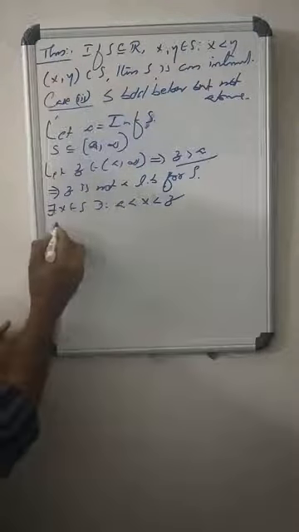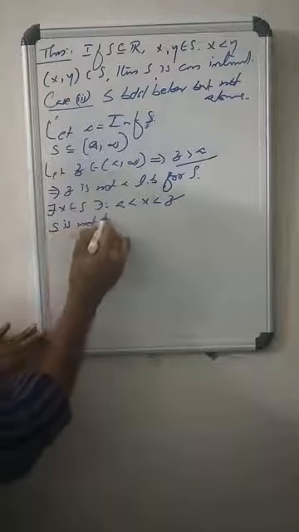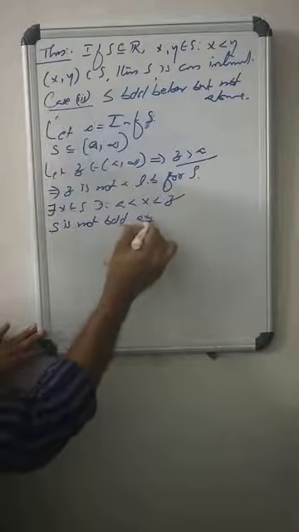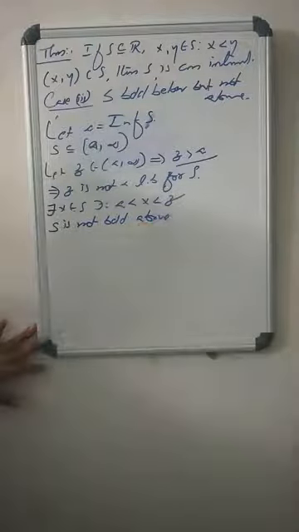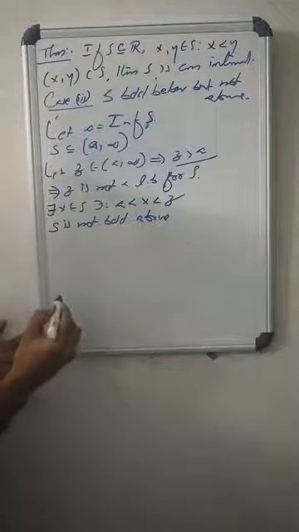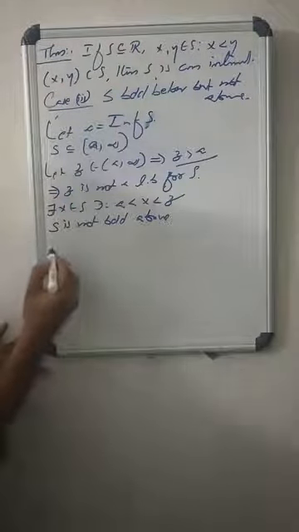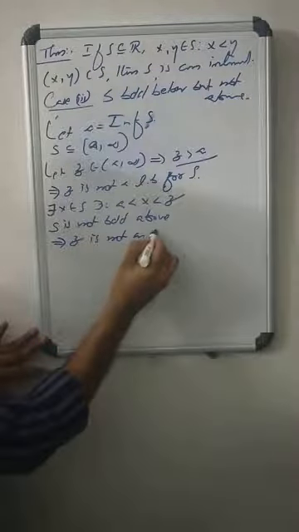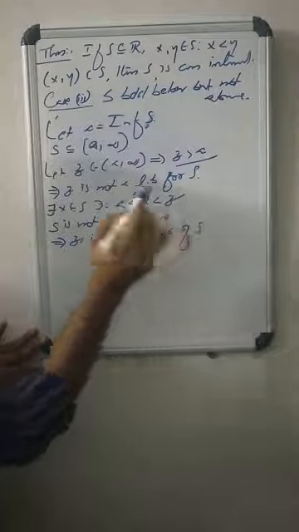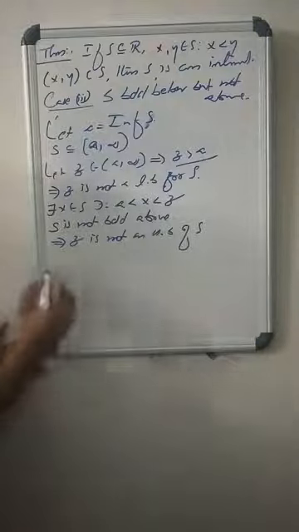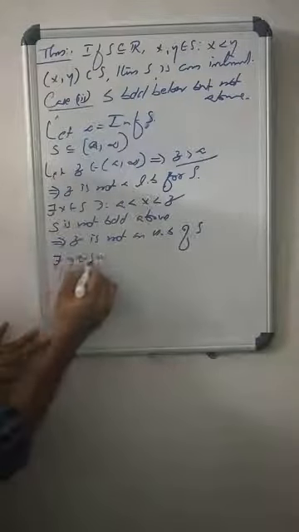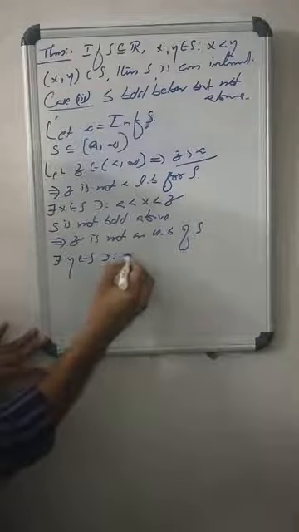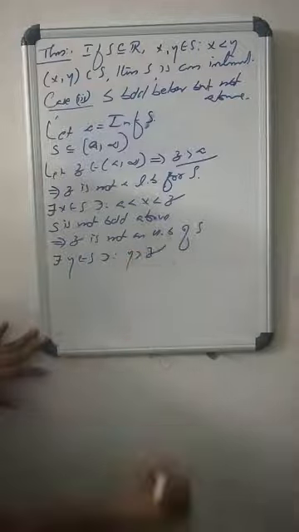But S is not bounded above. S is not bounded above means z is not an upper bound of S, so there exists some y in S such that y is greater than z.